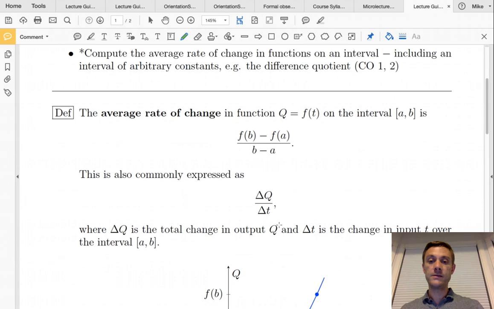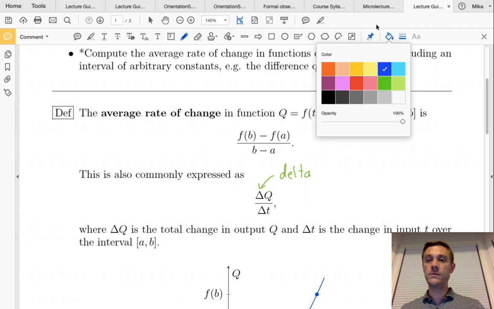Another way you might have seen this is with this Greek letter delta. If you're into Greek life, you don't need me to tell you that, but this is capital letter delta. This gets used as the change in something frequently in math. So this delta means change in Q and then change in T as well here.